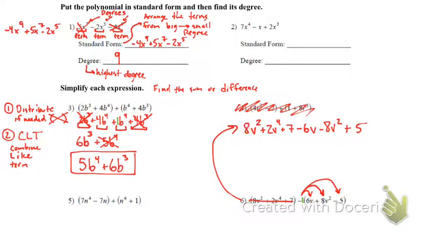Now we go to step 2. Let's combine like terms. I like to just start at the front. So I'm looking for any v's to the second power, which I have right here. Okay, now let's just do the math to the numbers in front. So we have positive 8 and negative 8. They are from different teams, so that means they're going to kill each other off, and we're going to be left with 0.